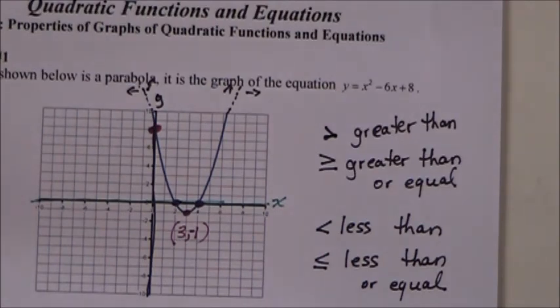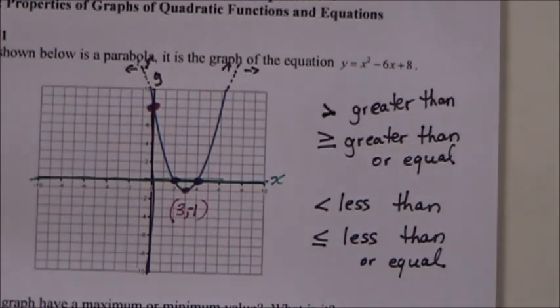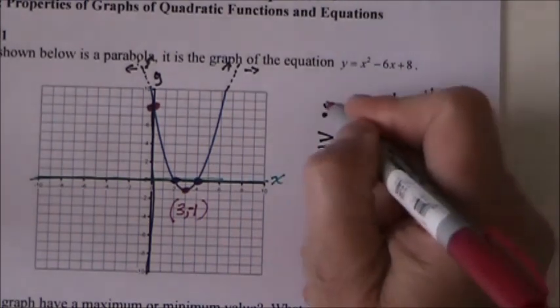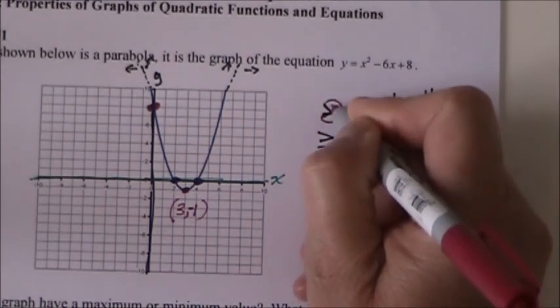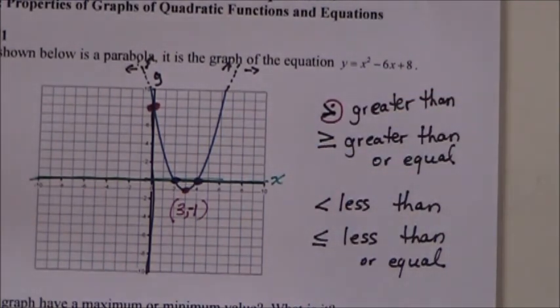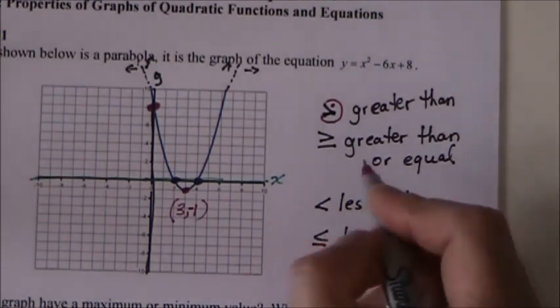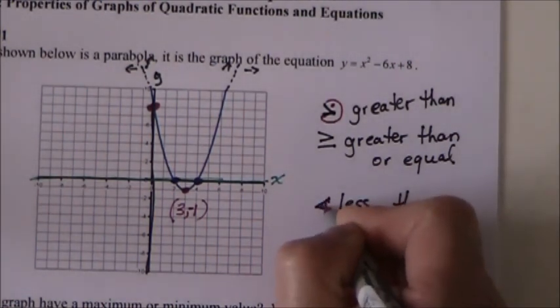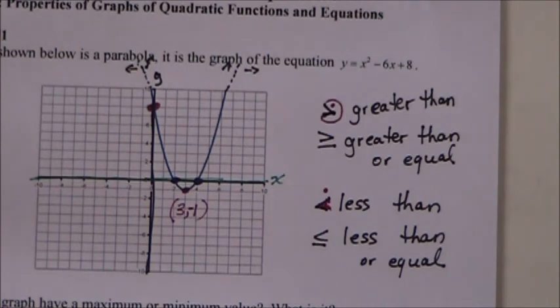Okay. And as we look at these and try to decide which way it goes, the open part of that is always going to go towards the bigger number. So you can think of it as Pac-Man, who wants to eat the bigger number, or the crocodile, who again is looking at eating the bigger one. So Pac-Man goes for the bigger, the crocodile mouth is going to be pointing at our bigger scenario.